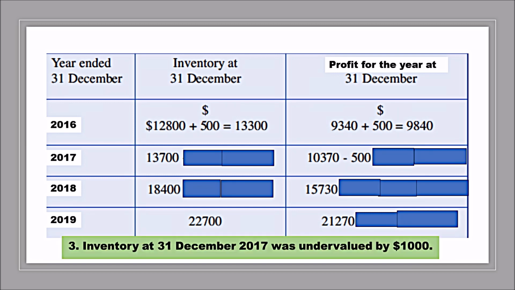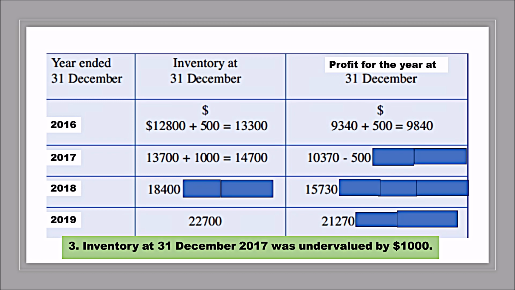Inventory at 31st December 2017 was undervalued by $1,000, which implies the closing inventory needs to be increased by $1,000 for the correction. Hence, 13,700 plus 1,000 gives 14,700 as corrected closing inventory.